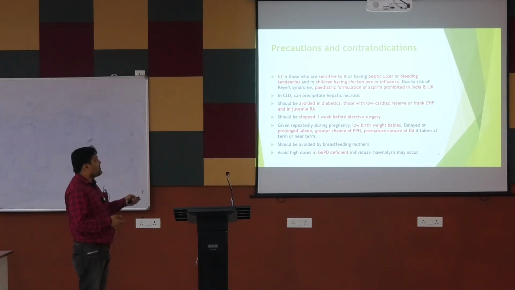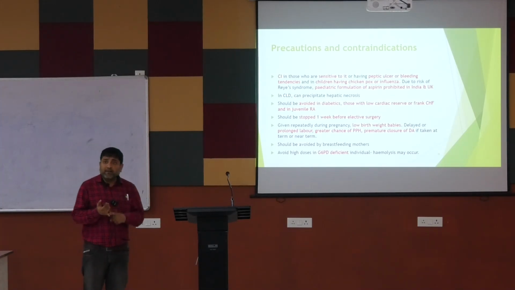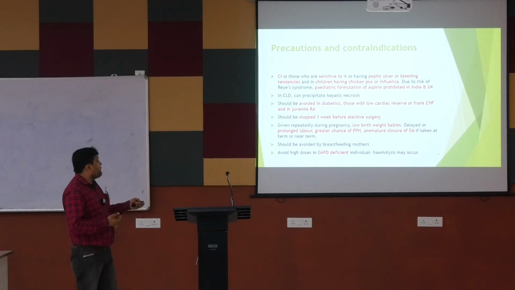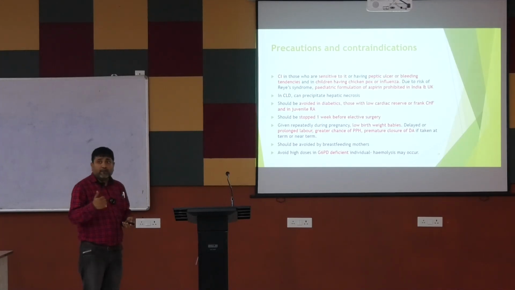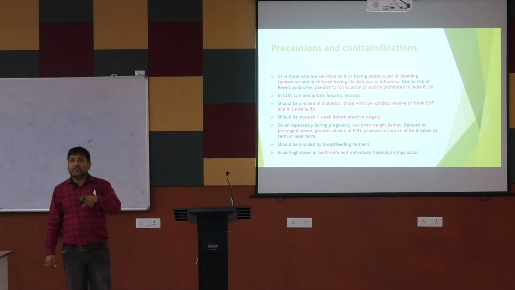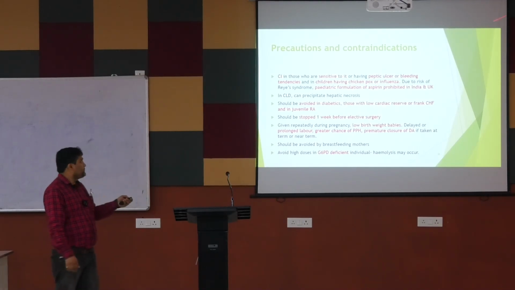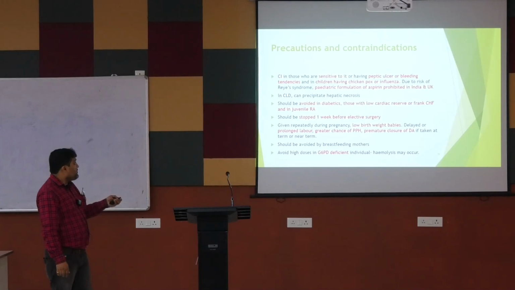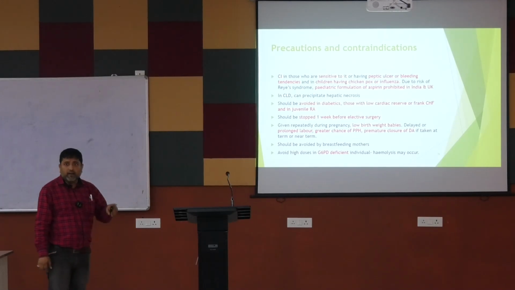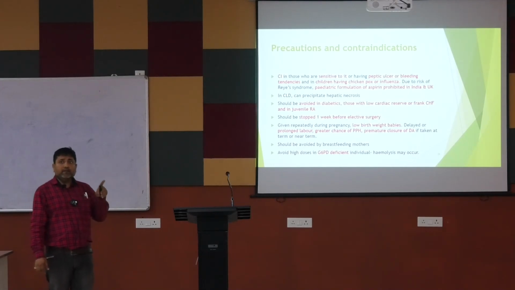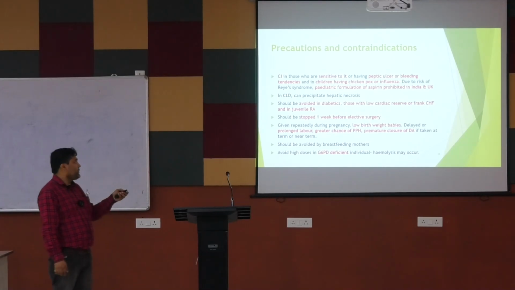Contraindicated in patients who are sensitive to it or having peptic ulcer disease or having bleeding tendency. In children having chickenpox or influenza because of the risk of Reye's syndrome or hepatotoxicity. Due to risk of Reye's syndrome, pediatric formulation of aspirin is prohibited in India and in the United Kingdom.